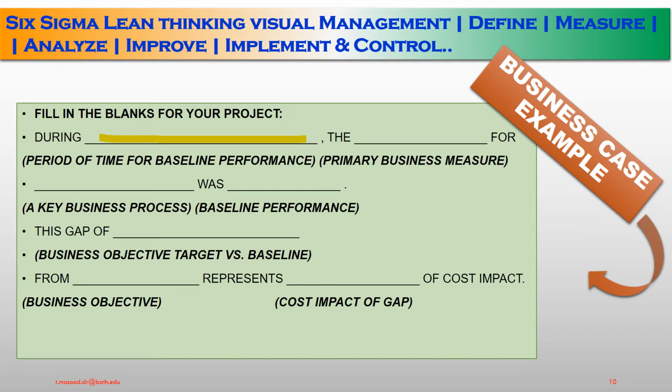Then a key business process, a baseline performance. Then a business objective, targets versus a baseline. Then also present a business objective and the cost impact of the gap, as we discussed in my earlier slide.